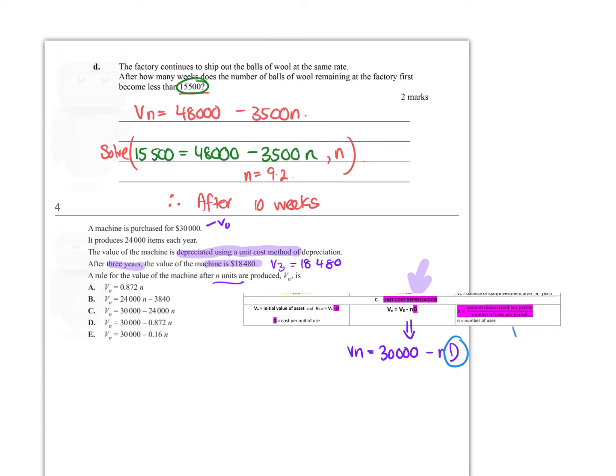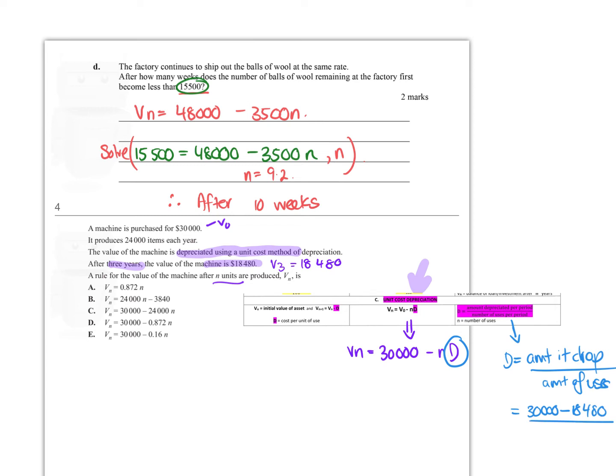So remember, here's the formula that we could use. The amount it depreciated, or sometimes I like to write the amount it dropped, over the amount of uses. So if you looked at it, it went from 30,000 down to 18,480, so that will give you the drop if you minus them.